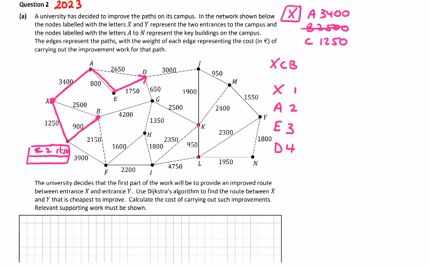And the total weight there will be 3400 to this point. Another 800 will be 4200. And adding 1750 to that will be 5950. So we're at D at this point, and you can see going in any other direction to get to D is going to be more expensive, particularly if we go along the bottom and back up.